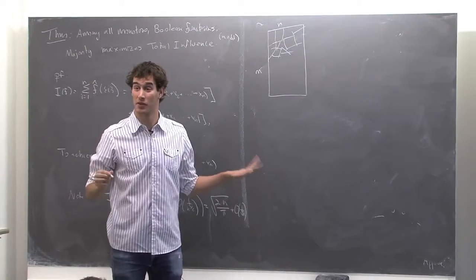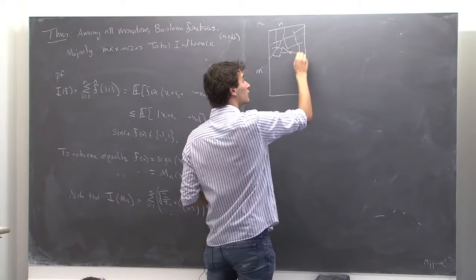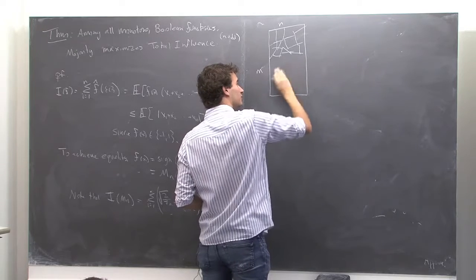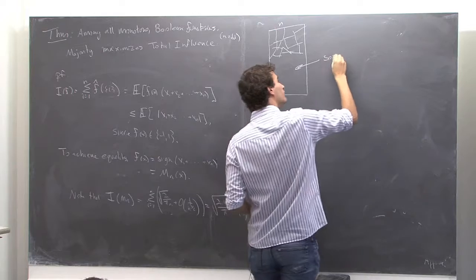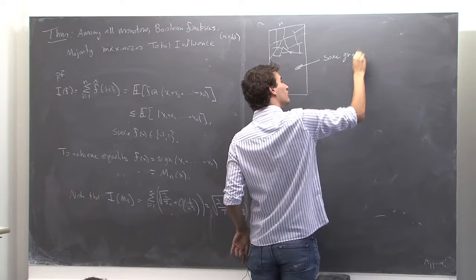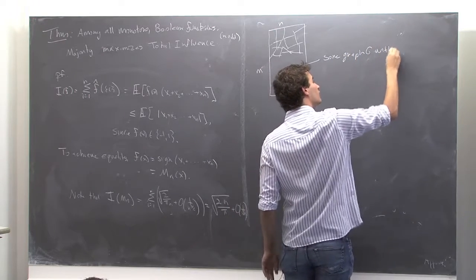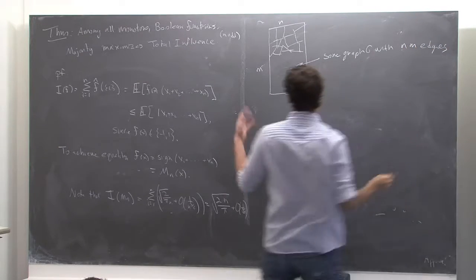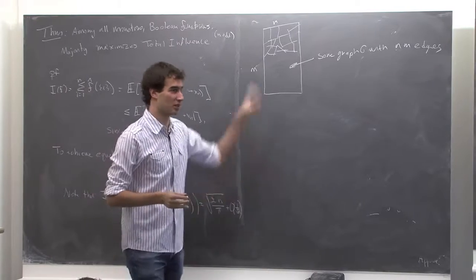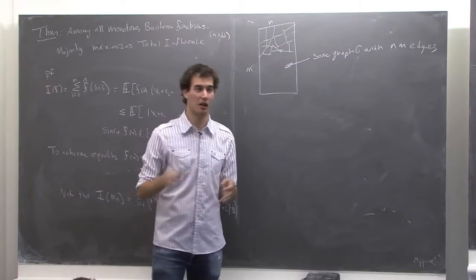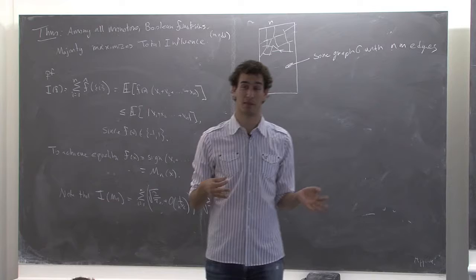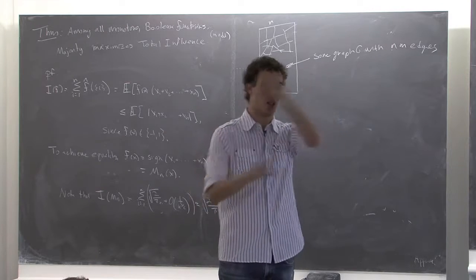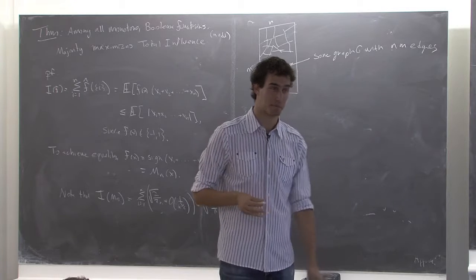No constraints whatsoever on the nature of the graph. I'm just going to say it has n by m edges, just so that it's somehow twisting, almost without any constraints about whether it's translation invariant or whatever. You can imagine taking a grid and shuffling its edges in an arbitrary way.